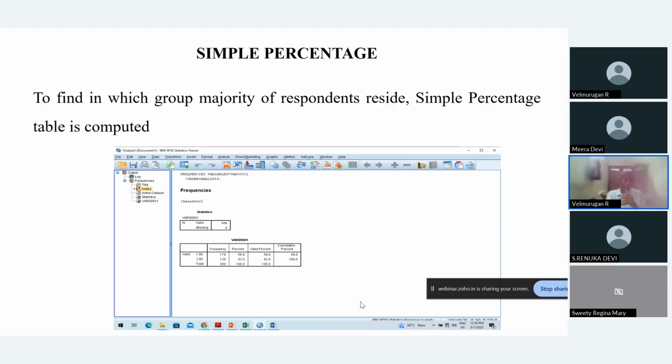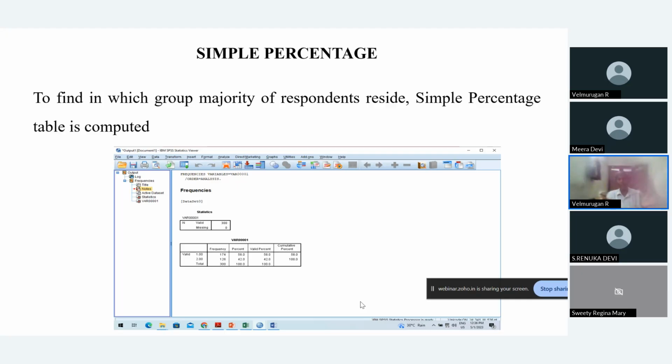Similarly, while we write the interpretation, we can write like this: out of 300 respondents, 174 (58 percent, if needed) are male, and the remaining 126 (42 percent) are female.